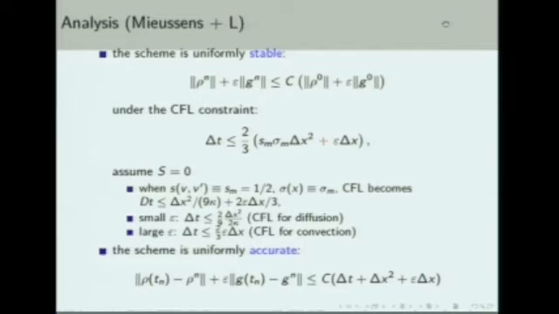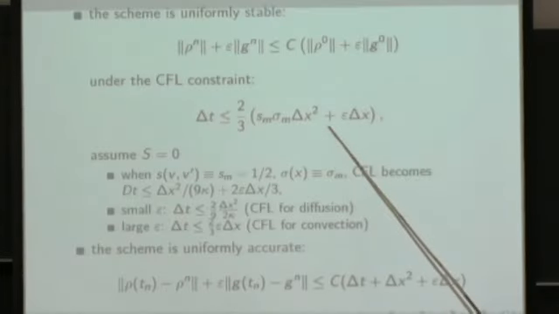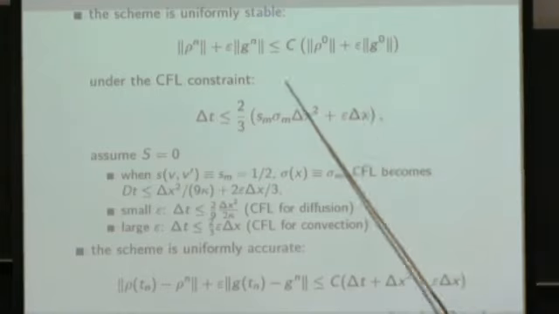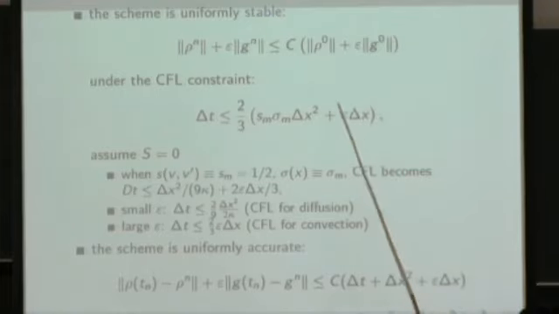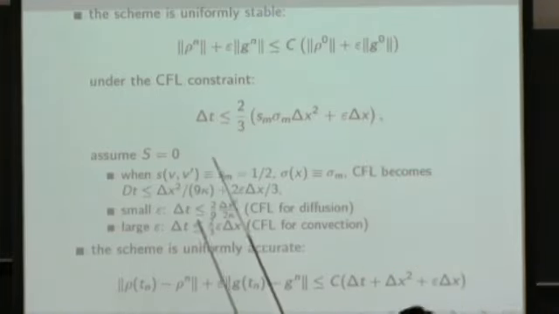That means this is large. If epsilon is small, I mean this guy. If epsilon is large, I mean this guy. So this is to be less than the positive one. Okay, so that's the CFL condition, then this is a stable numerical scheme.